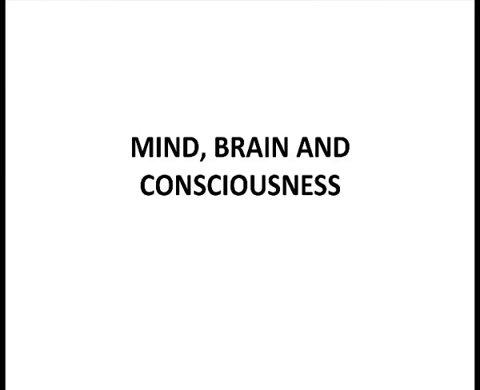Let us come up to the next objective of today's discussion, which is mind, brain and consciousness. You already know the role of the senses in providing information about the external and internal world that we have just discussed.